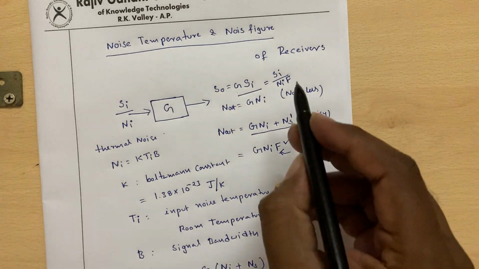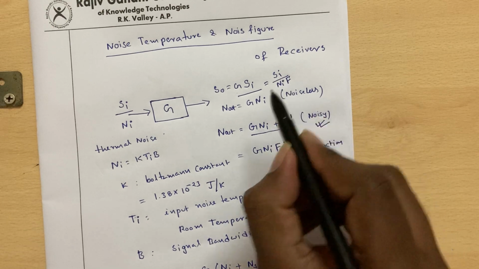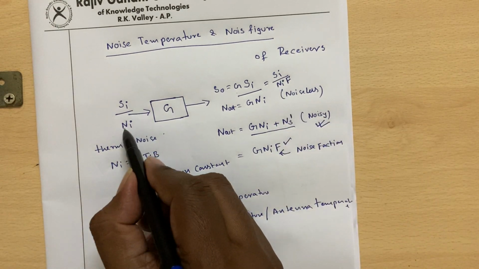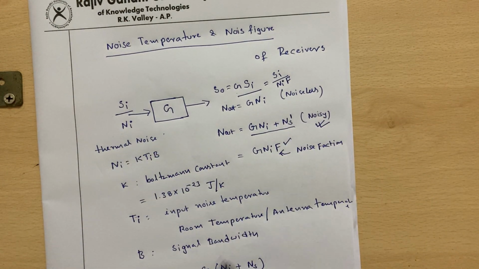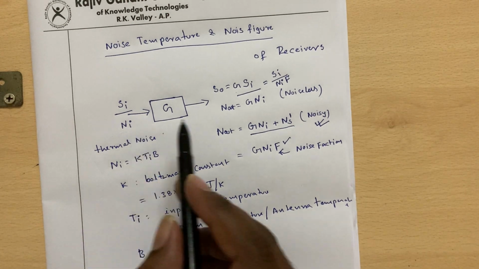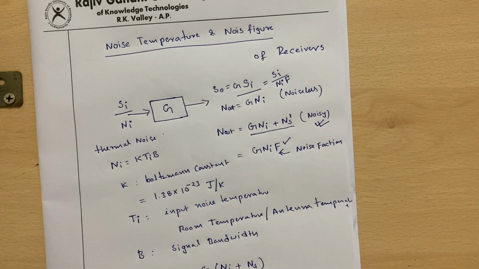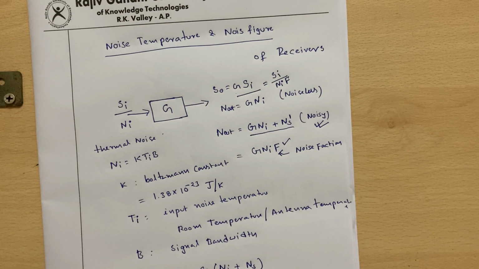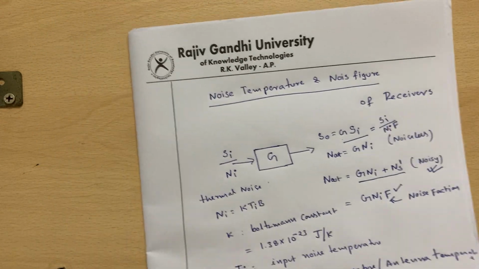So effectively the input noise power is raised by F times, or added by G into KT into B, because of this noisy block.